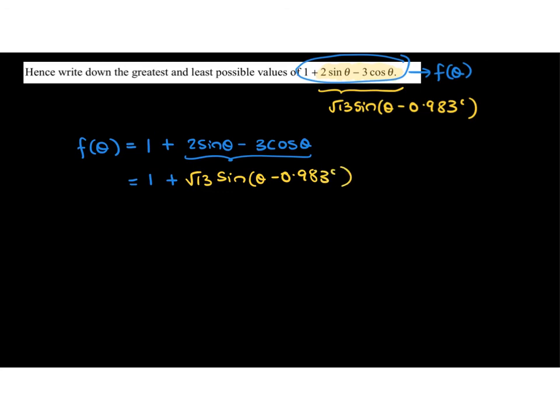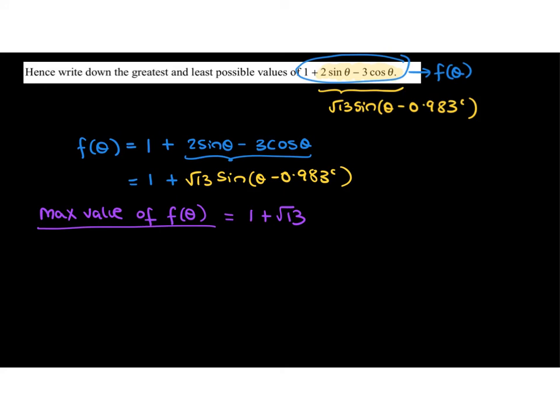Now, when does this take its maximum or greatest value? Well, remember, the only part of this that we have any control over is the trigonometric part, because the 1 will always be there. So if we want to maximise f of theta, we need to maximise the sine part, which takes a maximum value of 1, which means overall a maximum value of root 13, which means the maximum value of f of theta is equal to 1 plus the square root of 13.